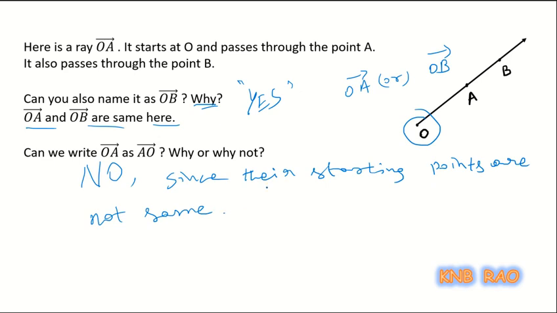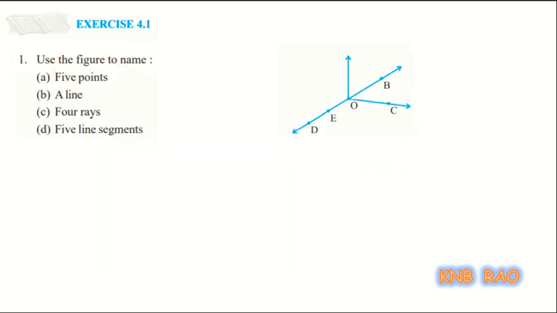So, now we shall start discussing exercise 4.1. Here is question number 1 in exercise 4.1. You are given a figure, and observing the figure you are asked to name. First one, name 5 points.